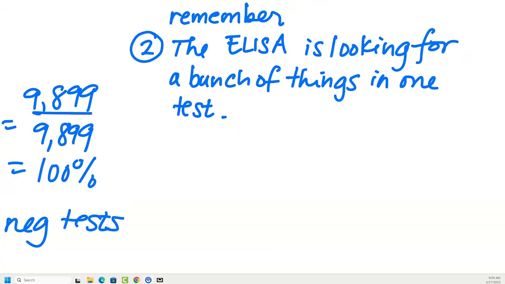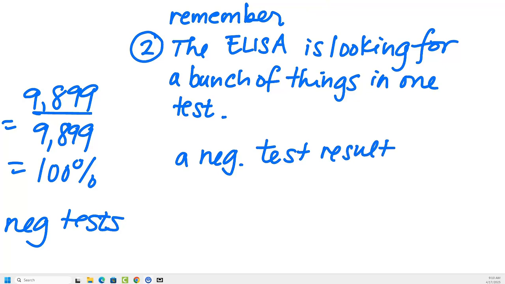So I'll just write here a negative test result. I'm going to do some abbreviations for the sake of time. A negative test result means you don't have to investigate further.